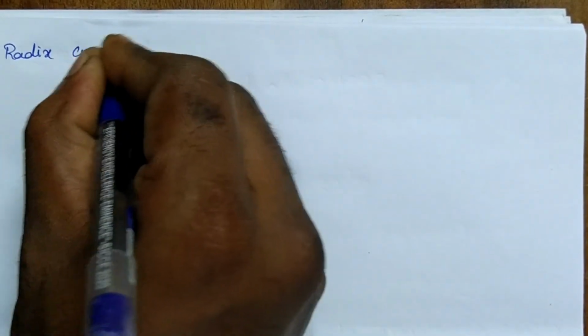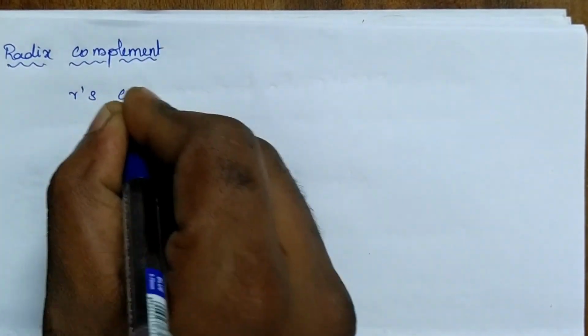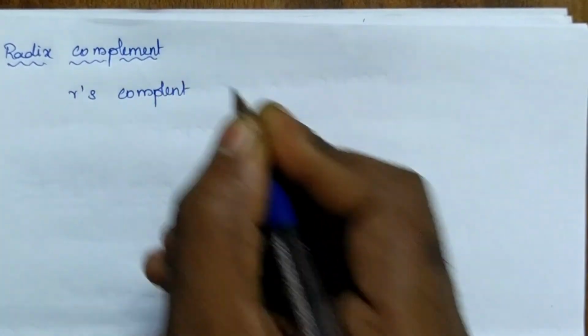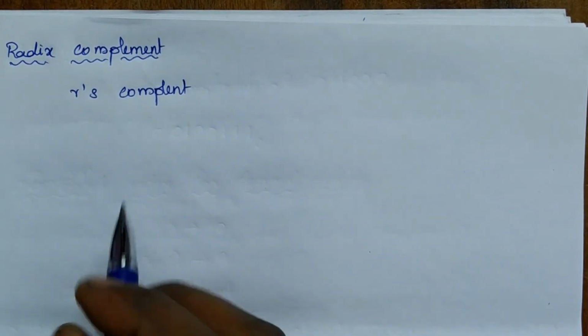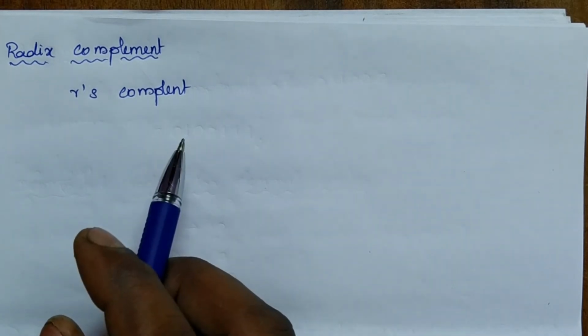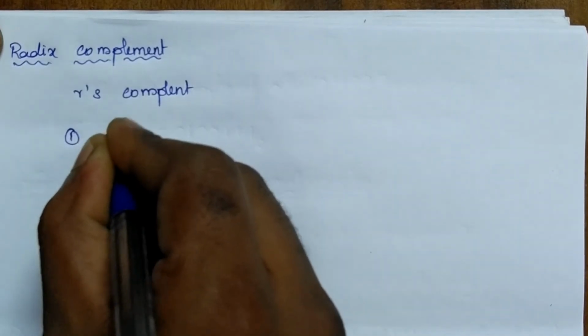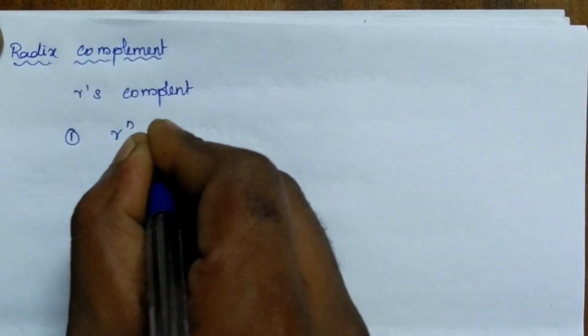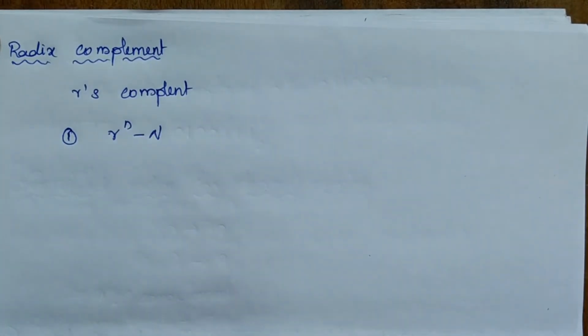Next one, radix complement. Radix complement is also called the r's complement. This r's complement value can be found using the formula r power n minus N. Using this formula we can find it.